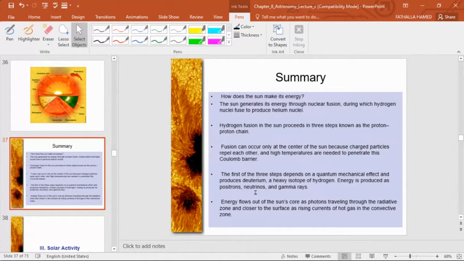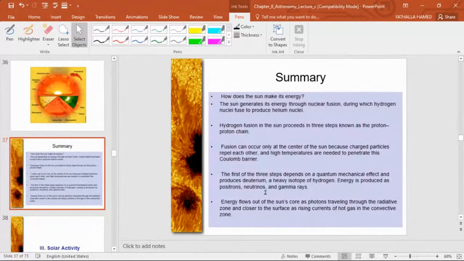Of course, in the first of these 3 steps, based on quantum mechanical effects, we get deuterium. Deuterium is still hydrogen, but inside the nucleus now you have a proton and a neutron, a heavy isotope of hydrogen. Energy is produced as positrons, neutrinos, and gamma rays. That's the energy that we get out.